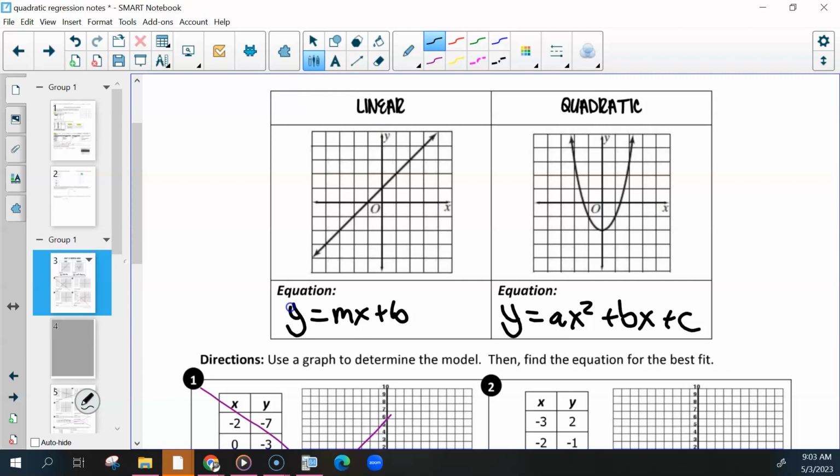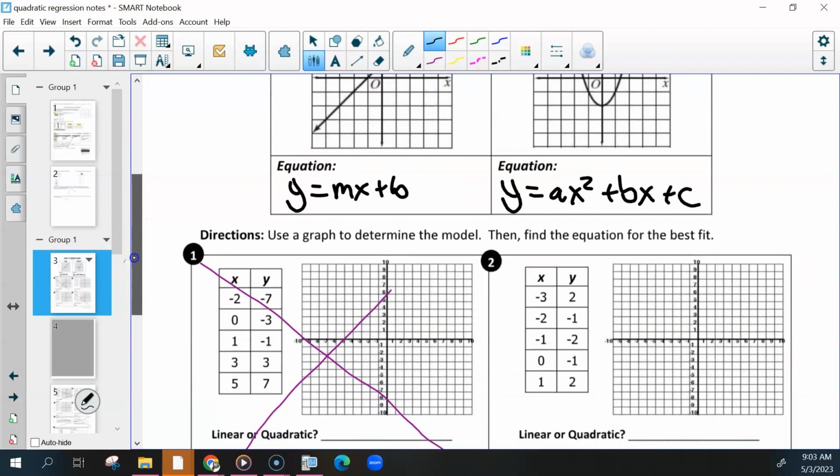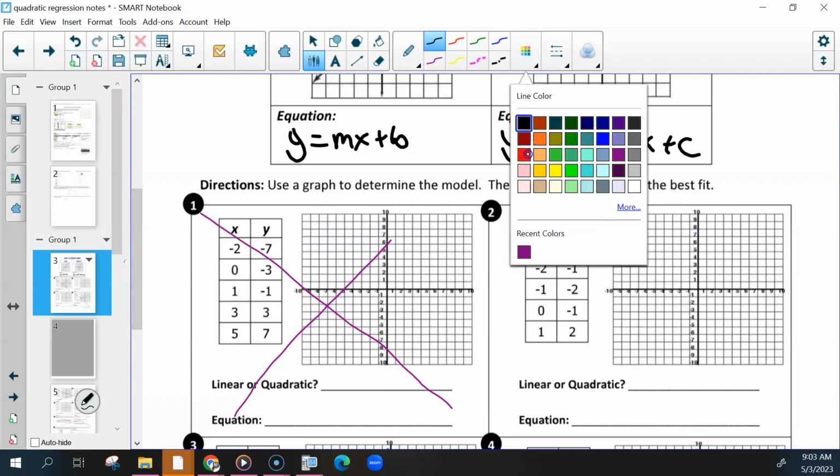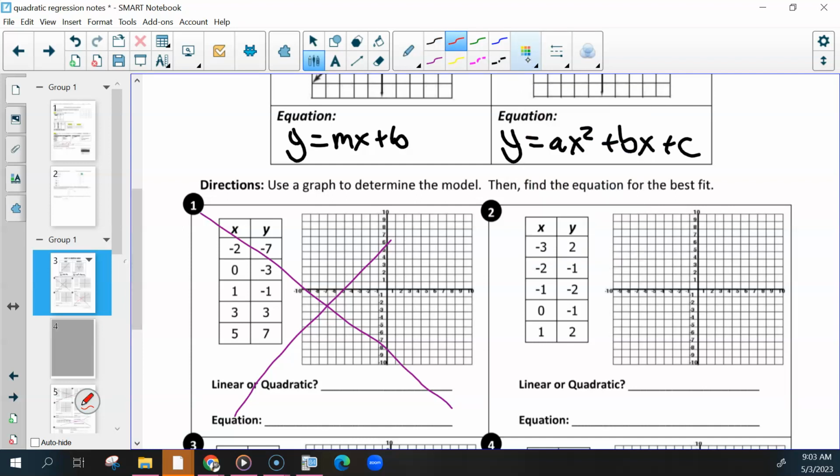If you're given a set of points and you're not sure whether it is quadratic or linear, you could start to plot them. I'm pretty sure one is linear, but we'll plot it first. So start plotting these points on your graph.